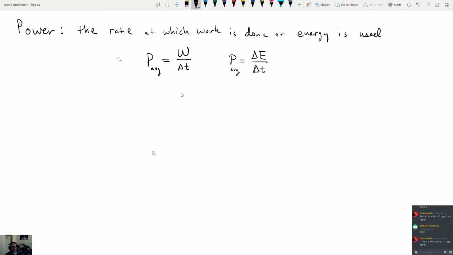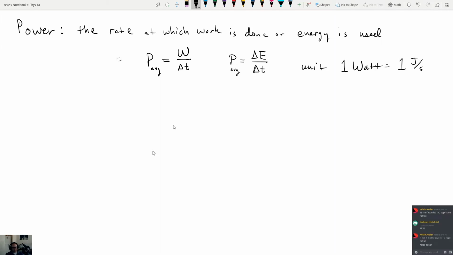Okay. The unit for this is the watt, and 1 watt is equal to 1 joule per second. But there are other units for power. If you were to purchase something like a lawnmower or a car, how is the power of a car usually measured?